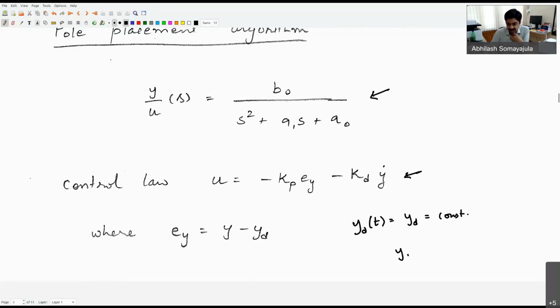And that ensures that yd dot and yd double dot are all equal to 0. That is the main idea. In which case, I can write the control input as minus kp times the error minus kd times y dot, where the error is defined as y minus y desired.